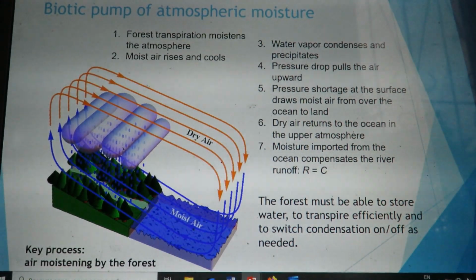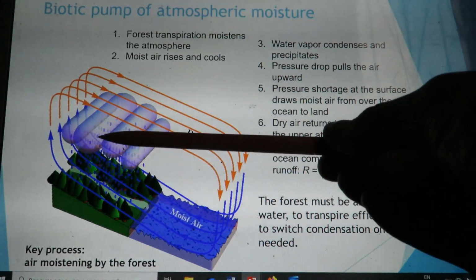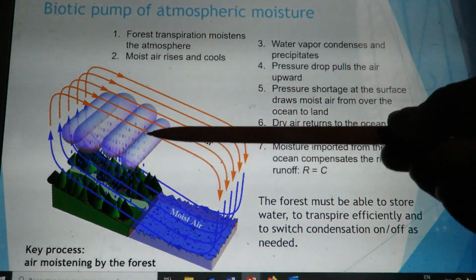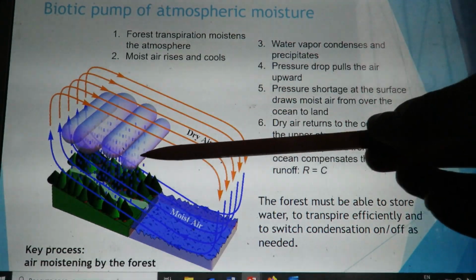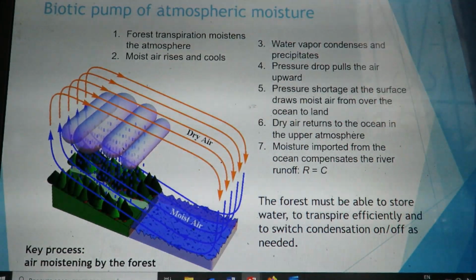This water vapor rises with the air. The air cools, and the water vapor condenses, forming clouds.